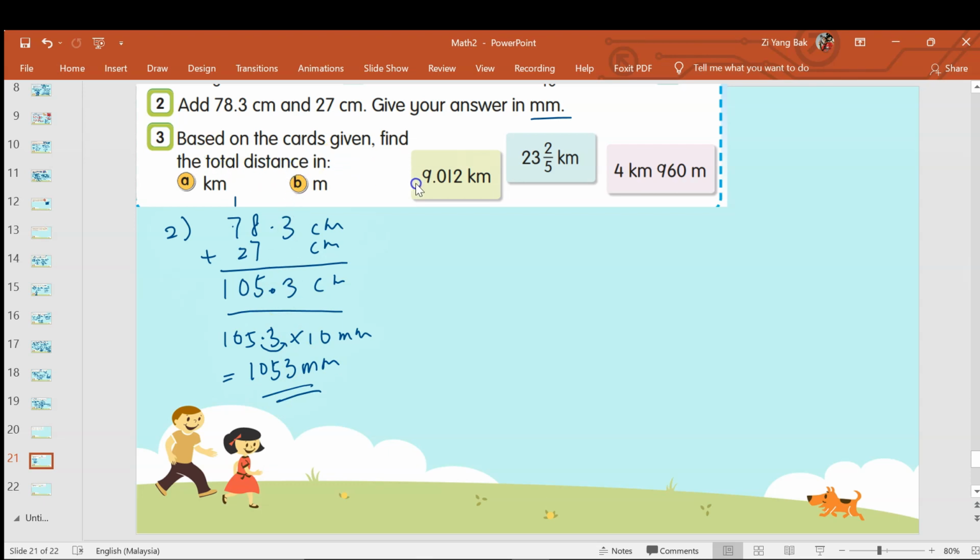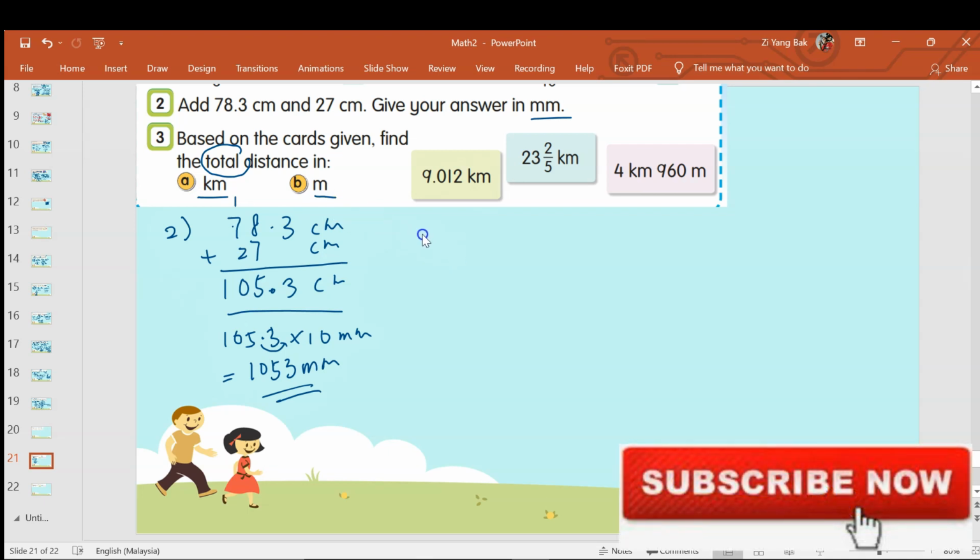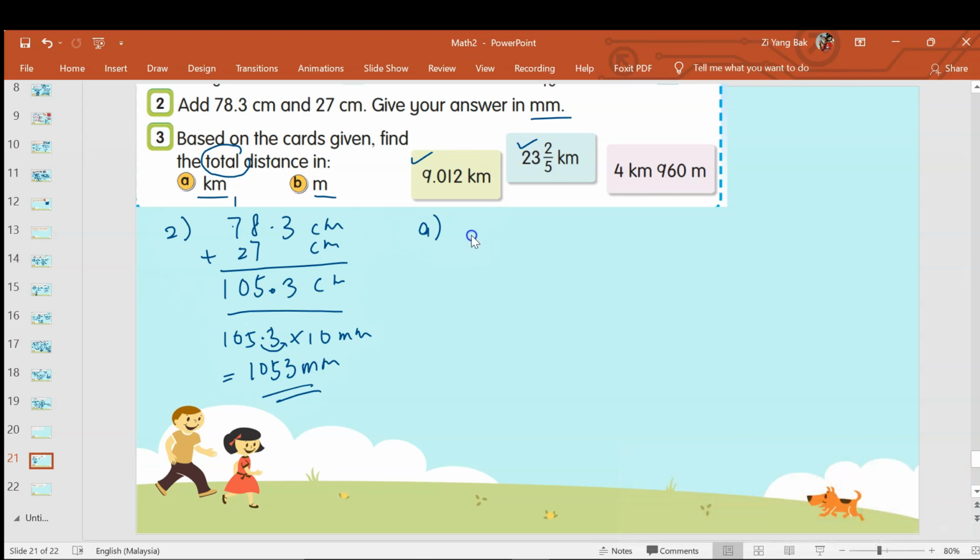For number 3, based on these 3 cards, find the total distance. That means you have to plus A in km, B in meters. So let's do km first. Now we need to change to decimal point so that we can plus them. The first one is already in decimal point. The second one, you split them apart. Now this is 2 divided by 5. 2 inside, 5 outside.